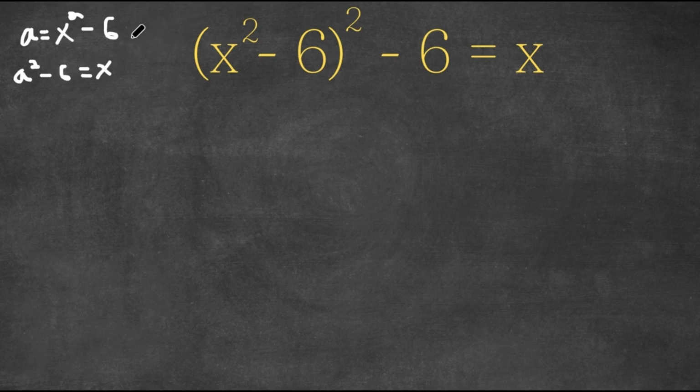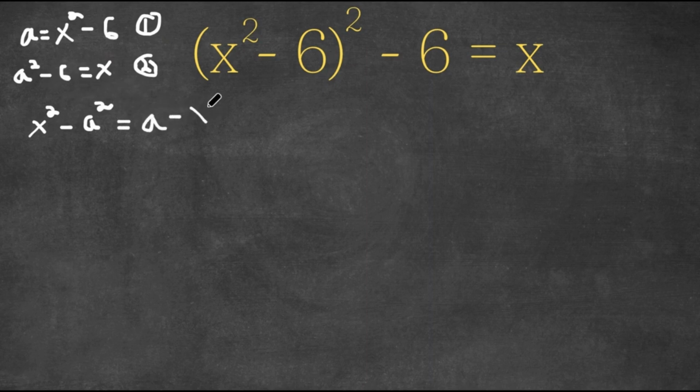Let's say this is equation 1 and this is equation 2. Now I'm going to subtract both of these. I'm going to subtract, so x squared minus a squared, and what ends up happening is we get the result a minus x.